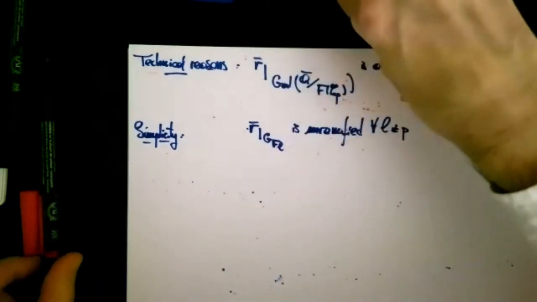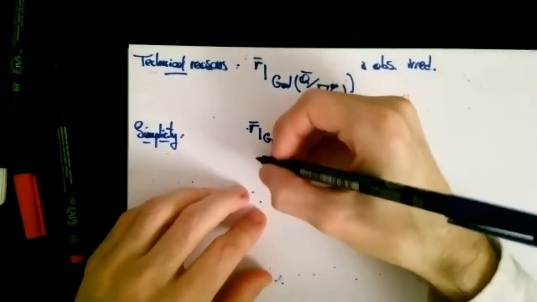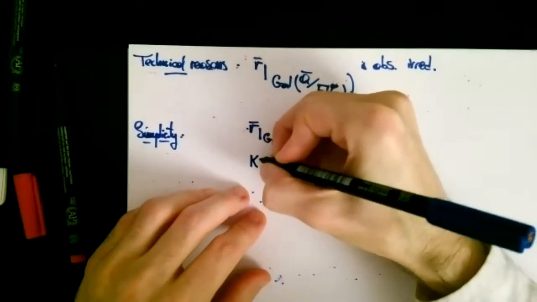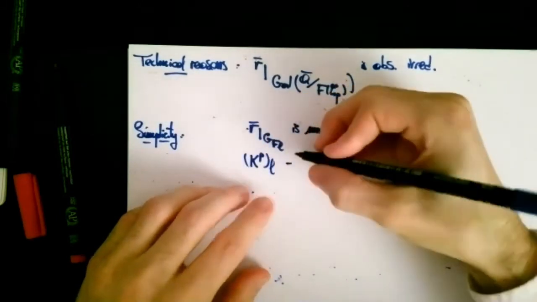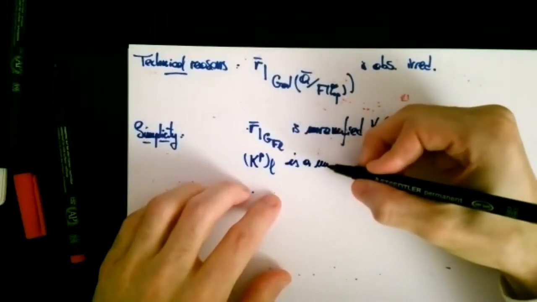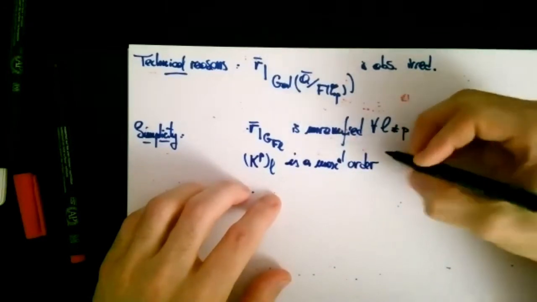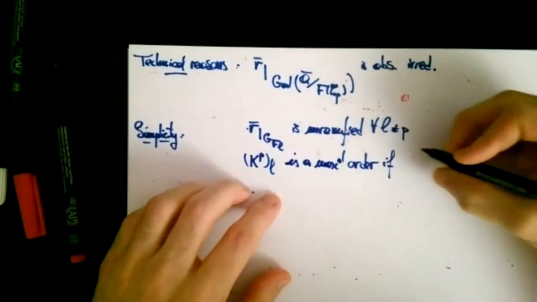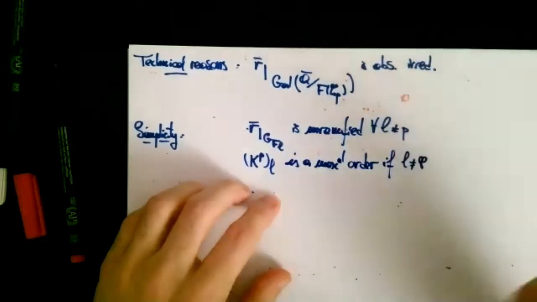And moreover, we have to assume that K upper P_l is a maximal order if l is different from p.